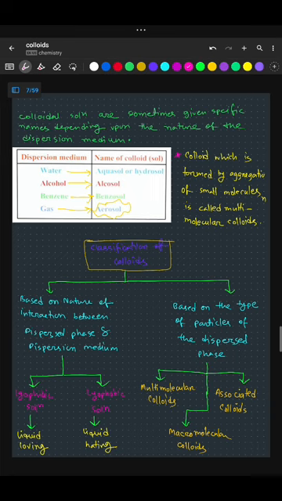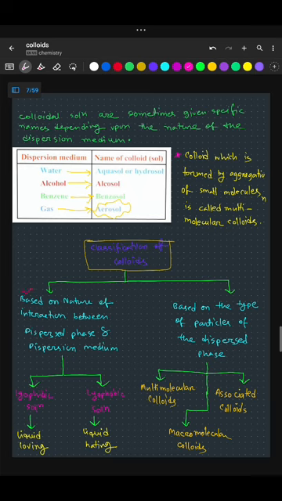So colloids are basically classified based on two different terms. The first classification comes based on the nature of interaction between the dispersed phase and the dispersion medium. That is number one.